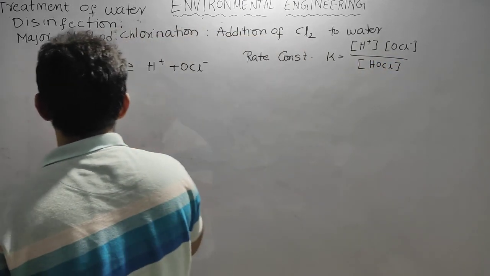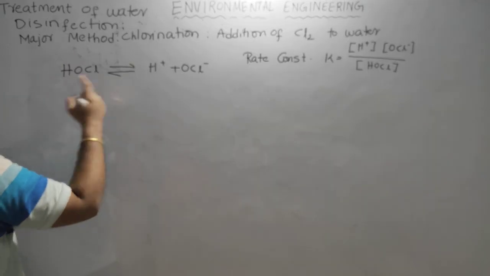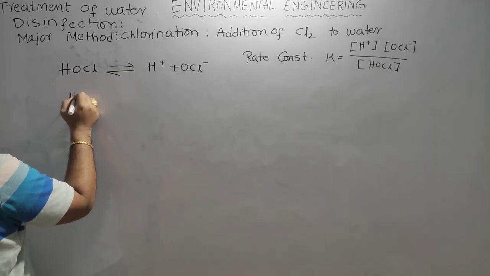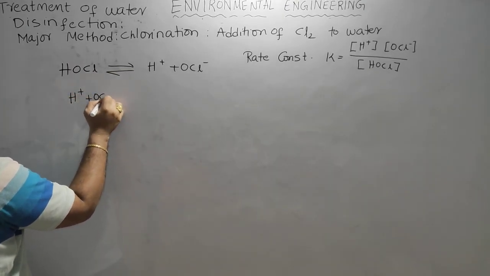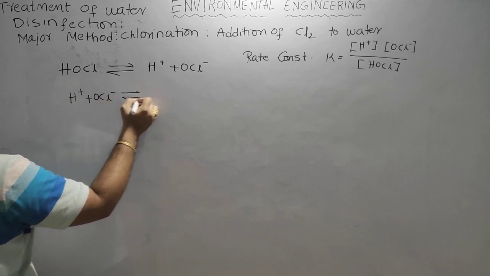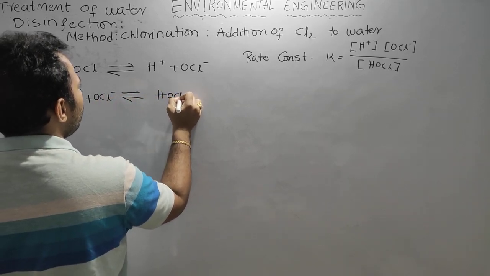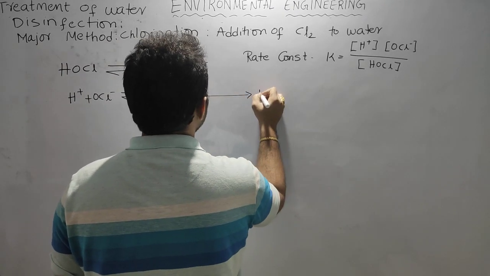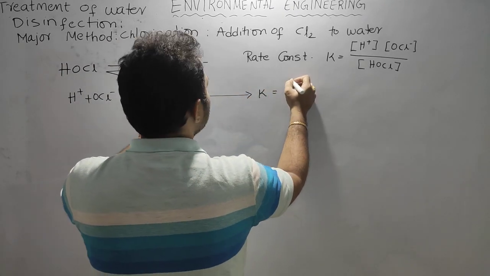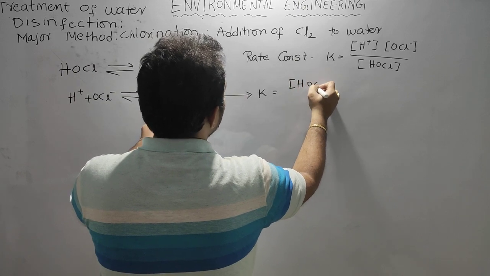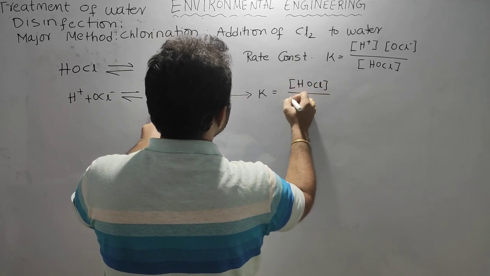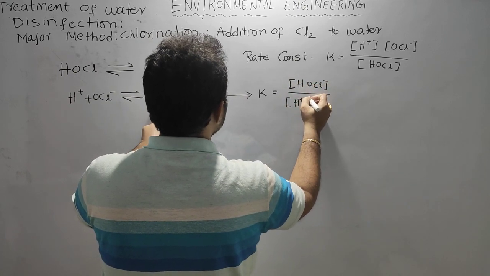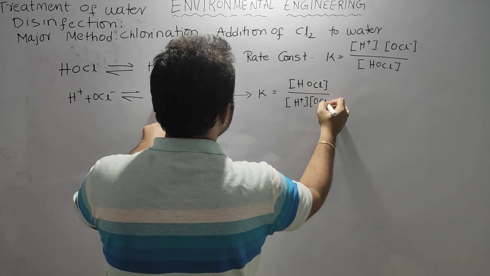If the same reaction is written the other way, from back to forward, then the rate constant will vary. Here for this equation the product is HOCl and the reactants are H plus ion and OCl minus ion.